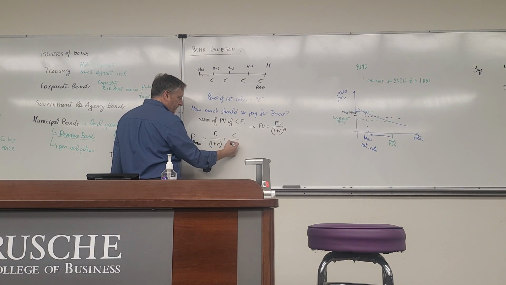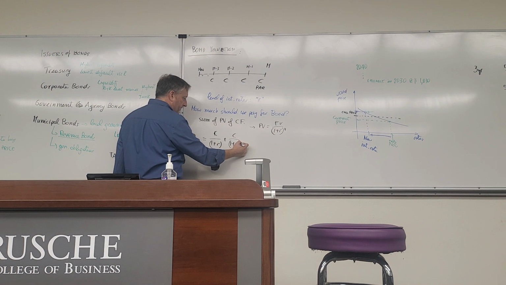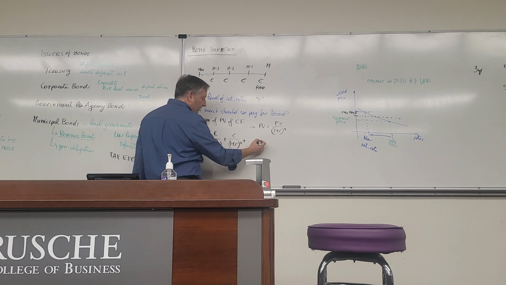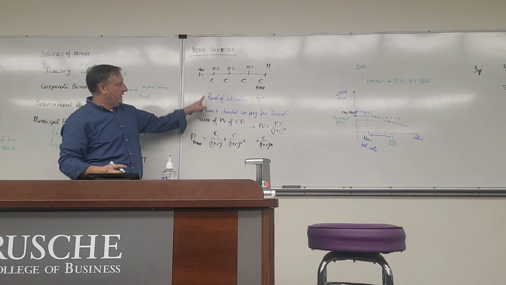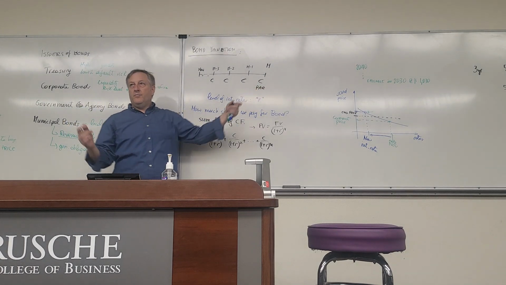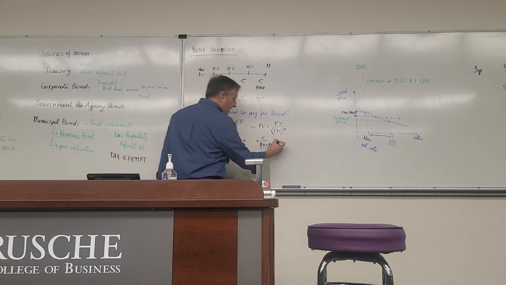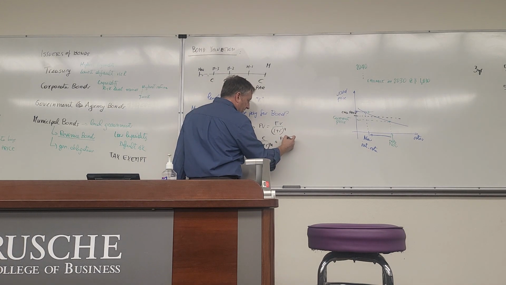The coupon 2 periods from now, compute the present value. Keep going like that, all the way to the end. And so we took care of all the coupons. But at the end, you also get par, so add par to it and compute the present value of it.